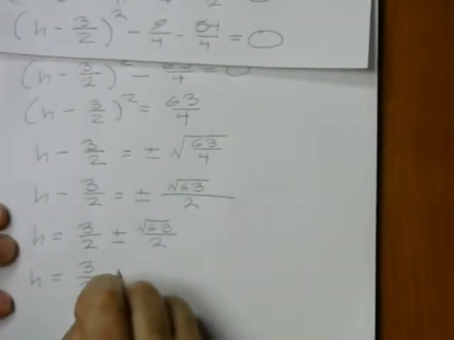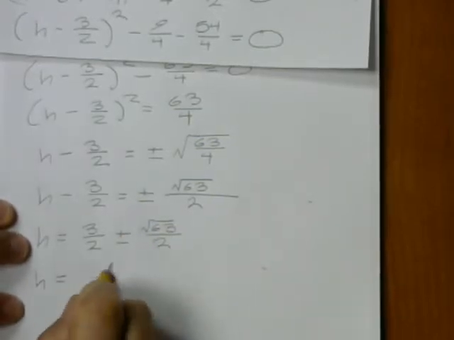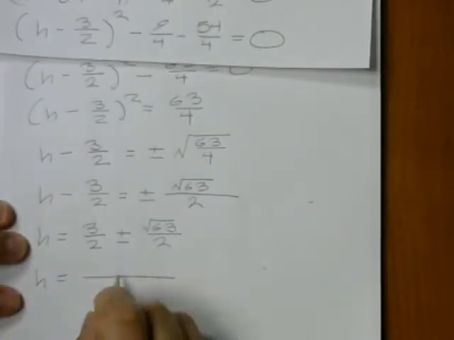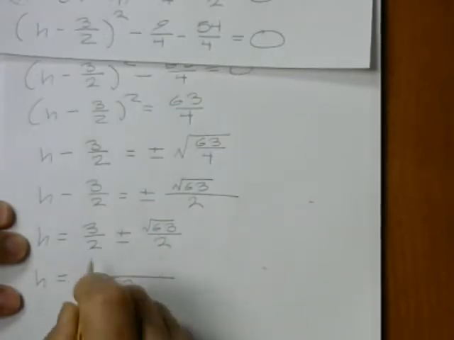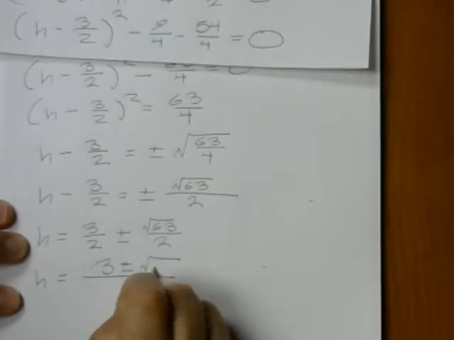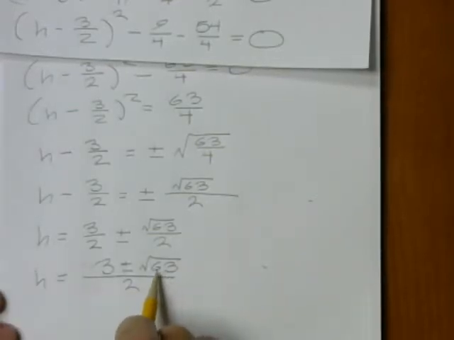Which gives me, I can write this all in one fraction, since both have the same denominator. Regardless of whether this is a plus or minus, these both have the same denominator. So this gives me 3 plus or minus root 63 over 2. I can actually simplify just a little bit more, because 63 is what? That's 9 times 7.